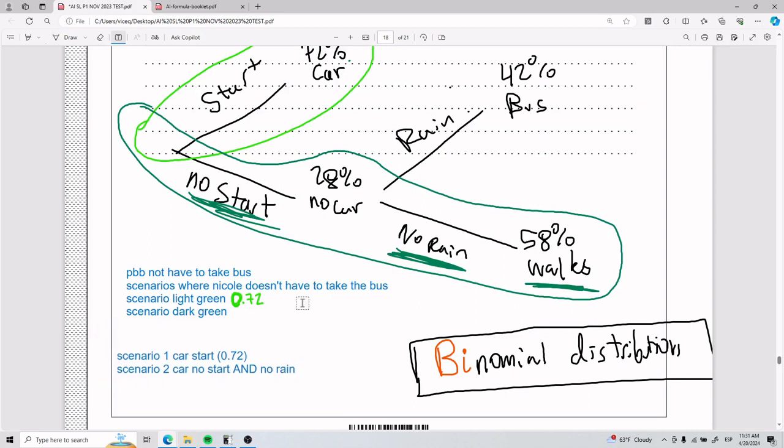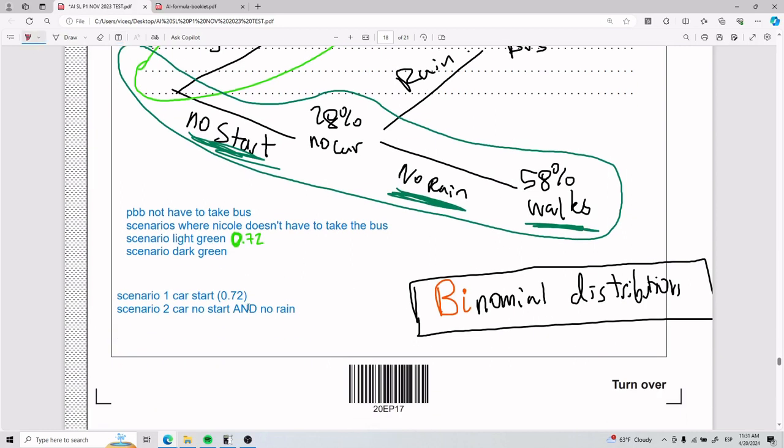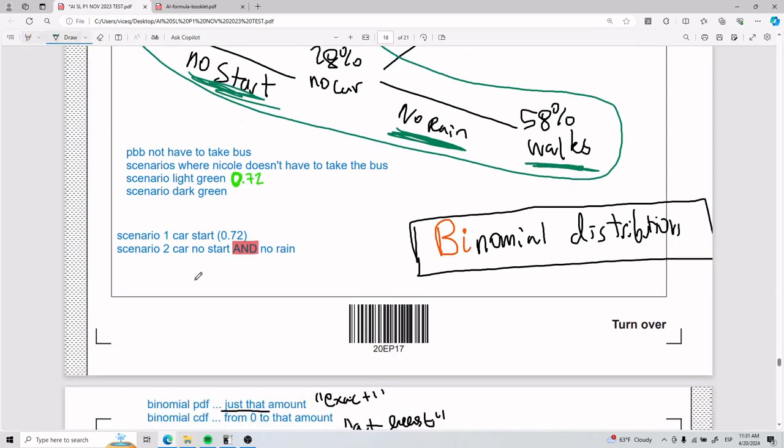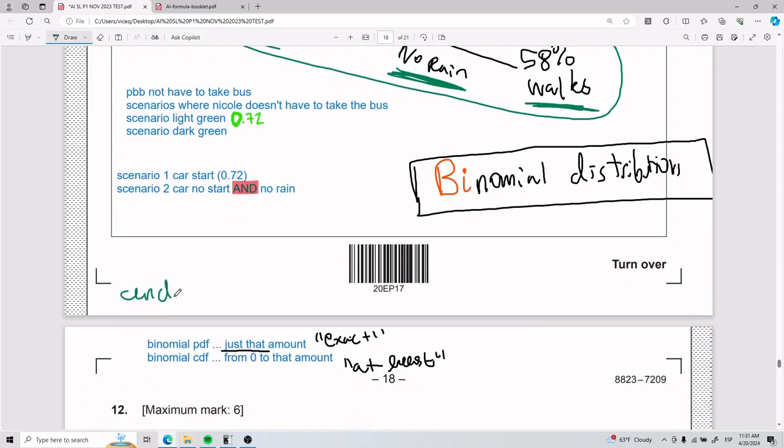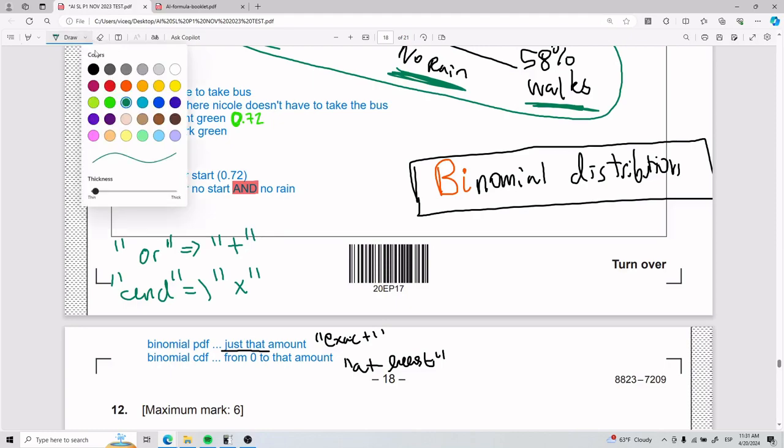So notice how suddenly I put the word and in here. And in probability, whenever you find yourself saying and, you're going to be multiplying. And whenever you find yourself saying or, you're going to be adding. Yes, it is that straightforward.